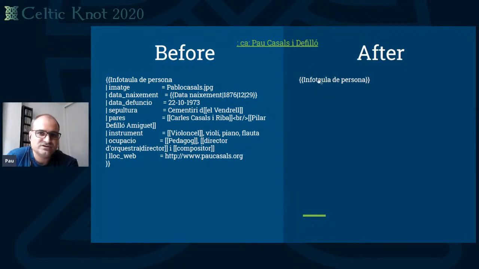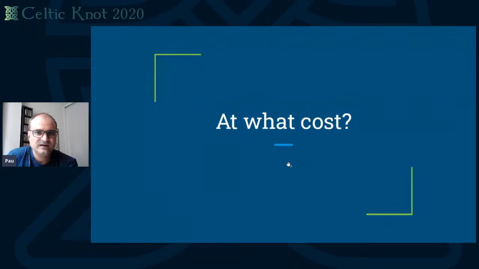This would be so easy to do. It would be Infotabula persona, which means biography Infobox. So before, the information all had to be put manually in the article, and then you don't have to put any information, of course, if you have the information in Wikidata. If not, there's a work to do.